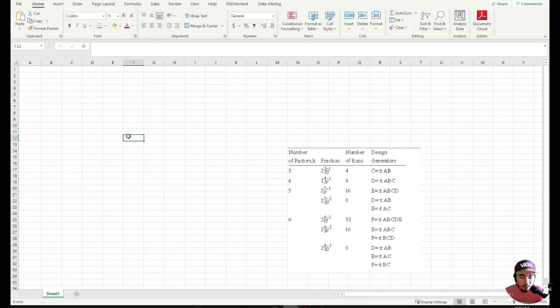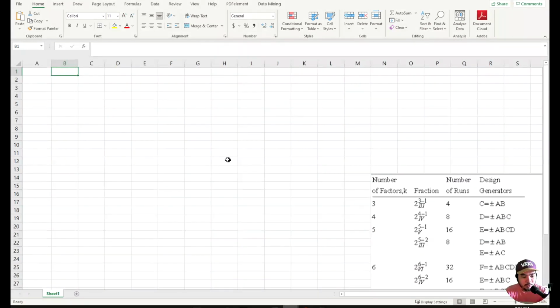So, kunwari lang, we're trying to do the simplest one, 2 to the 3 minus 1, kunwari tayo. 2 to the 3 minus 1, so that's 2 to the 2, which gives us 4 runs, no? And we have a design generator of C is equal to AB. Okay? So, let me zoom that in.